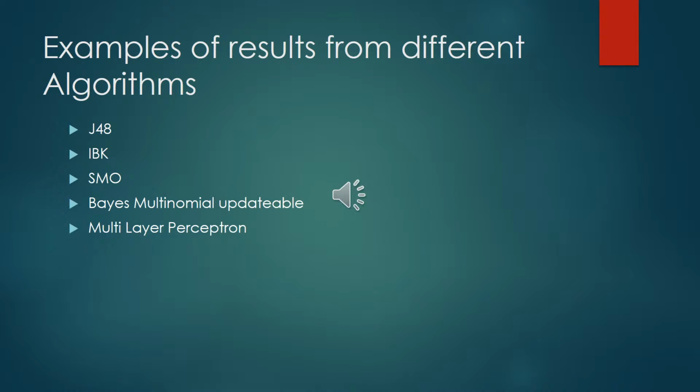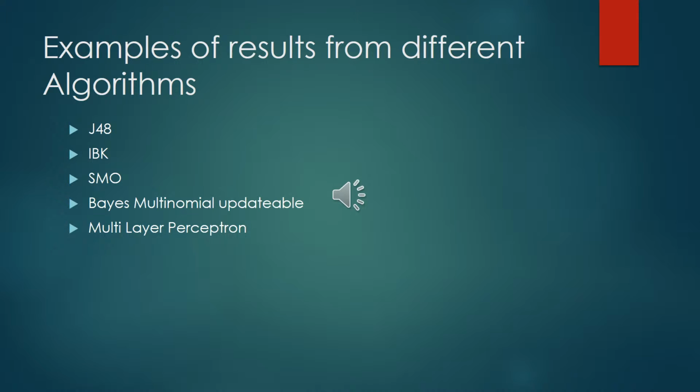Here is the list of different algorithms that I tried on the dataset. J48, also known as the decision tree algorithm, which basically creates a decision tree for the training data and then tries to apply that on the test data. Second one is IBK, or better known as the K nearest neighbor algorithm.